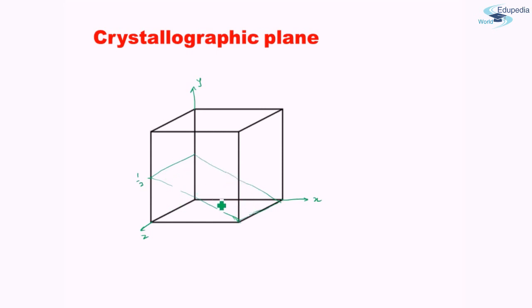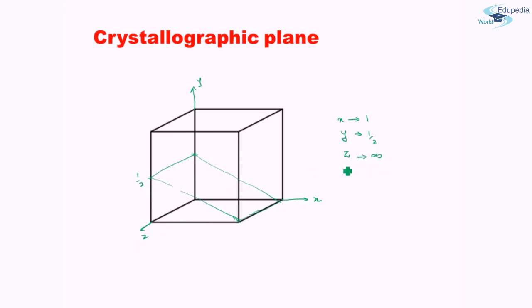First you need to find whether it is passing through the origin. It is not passing through the origin, so this plane itself will do the task. Now where does it cut the x-axis? It cuts the x-axis at 1 unit length. Where does it cut the y-axis? It cuts the y-axis at half unit length. And the z-axis, it cuts at infinity. It's parallel to the z-axis, so infinity.